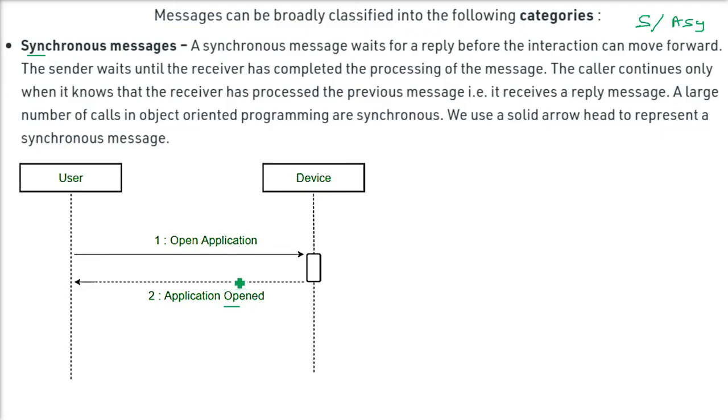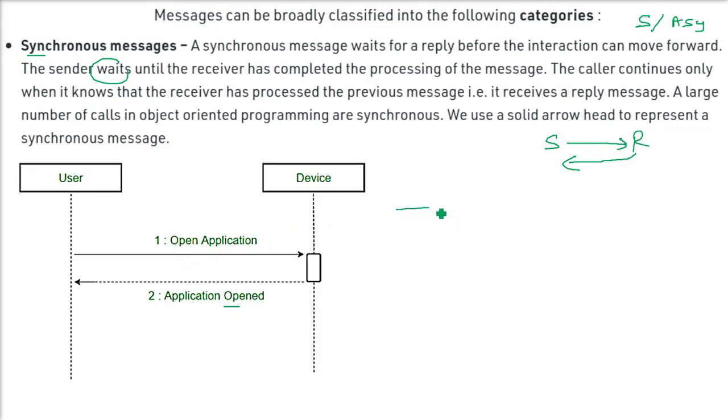So the sender waits until the receiver has completed the processing of the message. This is sender, this is receiver. Sender has sent something to the receiver. Until receiver sends something back, sender will not move forward. The caller continues only when it knows that the receiver has processed the previous message, that is, it has received a reply message.